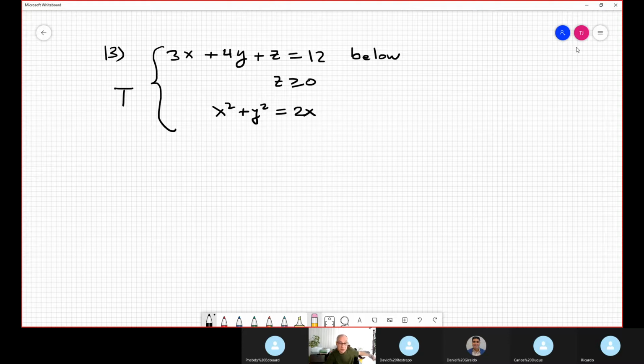Okay, so identification one by one. What is the surface that bounds our solid? For example, the first one. What is the first one?